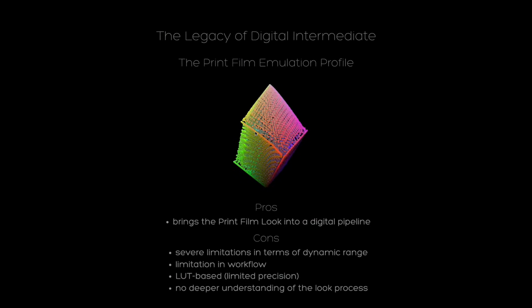So the process brings the print film look into a digital pipeline. That's great, but the cons are it severely limits what you can do with that grade in terms of dynamic range, limits the workflow, has precision limitations. And also, what I find the biggest concern is we gain no deeper understanding of the look process. Why do we actually like what film did?